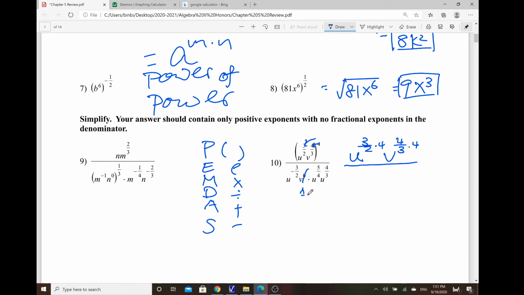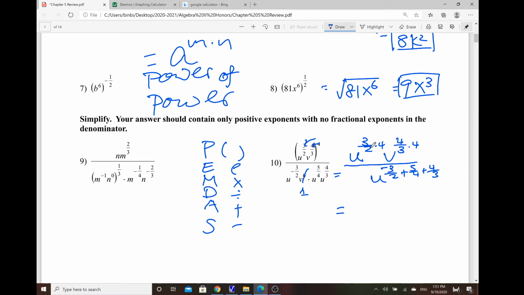So that one, you can just cross that out. And then the one with the same base, that means we can just convert that to the product to sum property. So this one we can convert with the sum of all the exponents. So what we got here is negative 3/2 plus 5/4 plus 4/3. So basically combine all the exponents together.